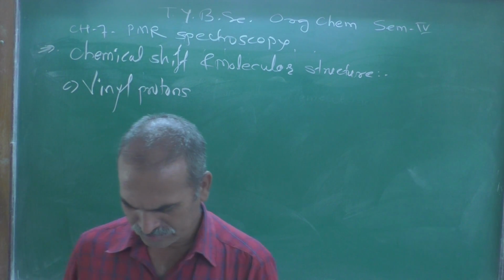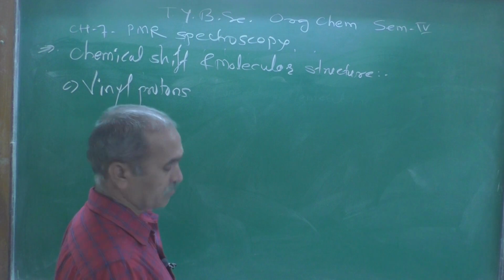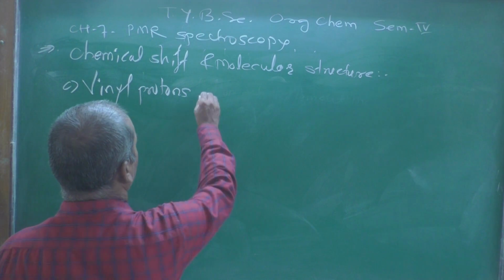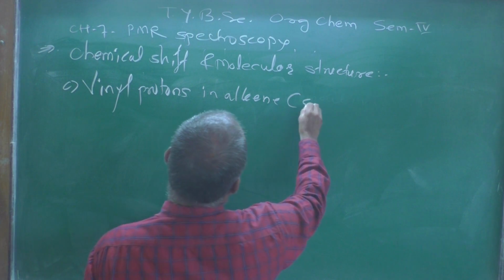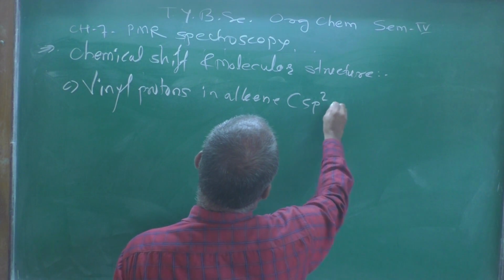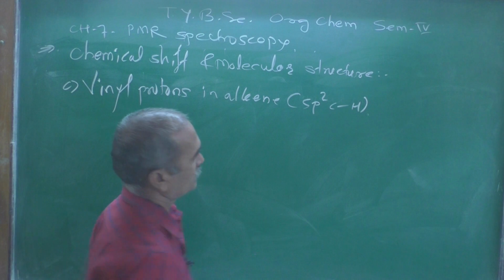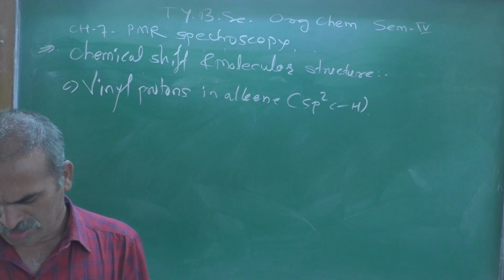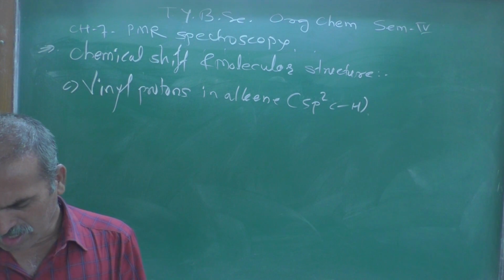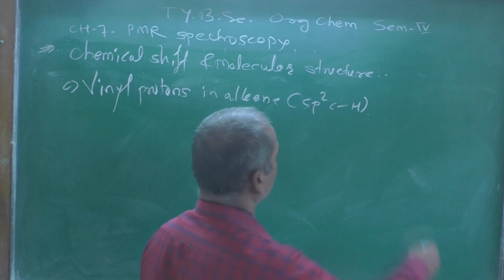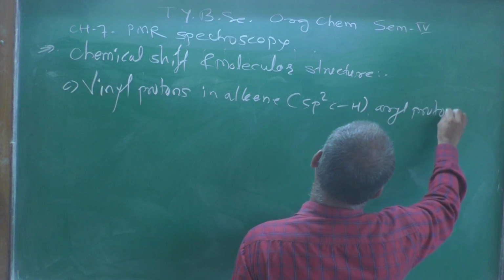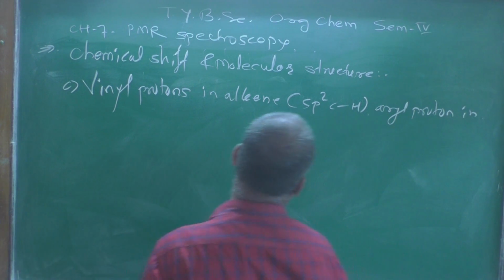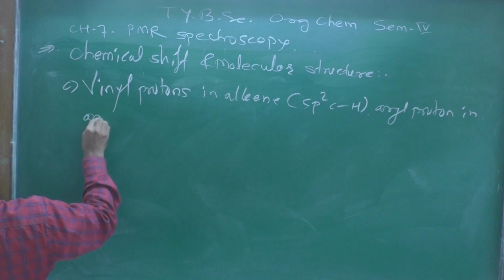In alkene, the vinyl proton is the sp2 carbon hydrogen, and the aryl proton in aromatic compounds.